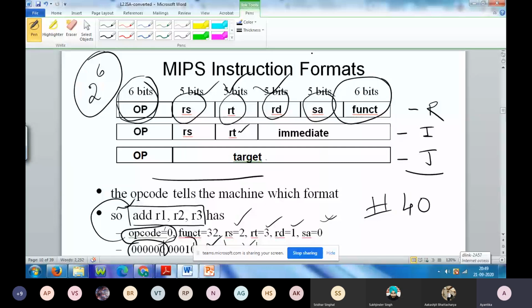When we are setting this opcode, it is basically defining my control inputs. Which control inputs you give determines what your ALU does, because in your ALU it is not possible to design a separate module for each instruction and add it to your hardware. The hardware is fixed, but you can think about which part of your ALU module you will enable, and that input comes from this opcode.